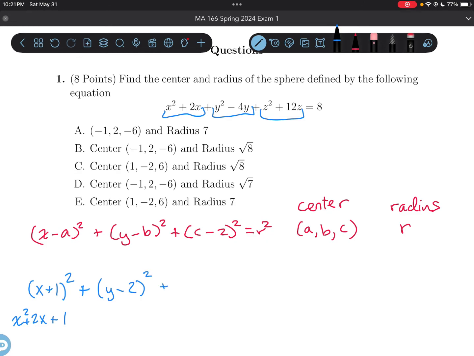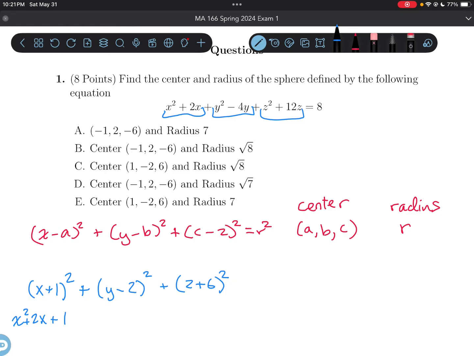And for the z term, we get z plus 6. We complete the square in the same way here. Basically, the square root of y squared is just y, so that's the first term. And then for y, we divide negative 4 by 2 times 1 to get negative 2 here. And then same thing for z.